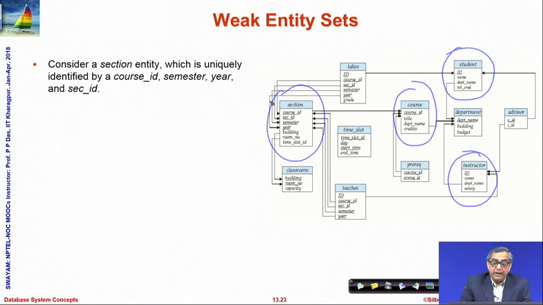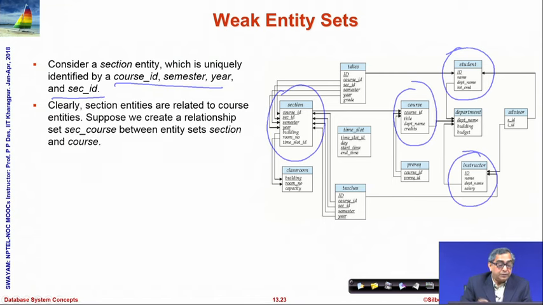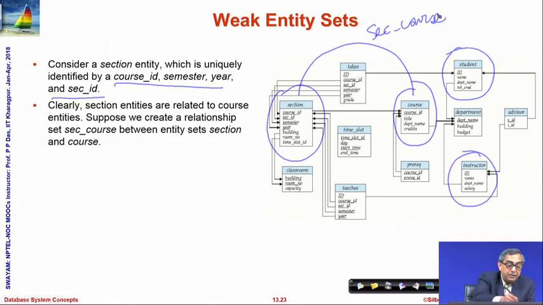Now, consider this section entity. If you look into this, this is what we maintained: course ID, semester, year and section ID. But if you look specifically, you now know that there is a section and there is a course. So, you may want to relate these two, section with the course, and set up a relationship between them.